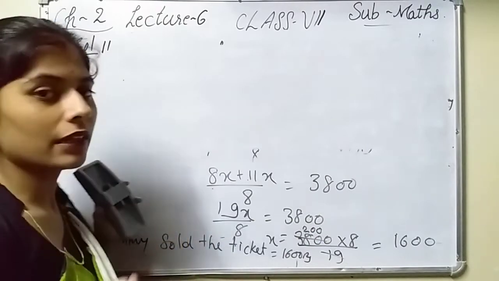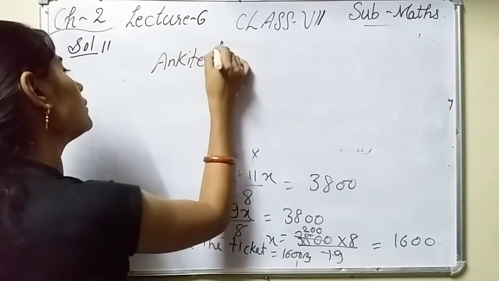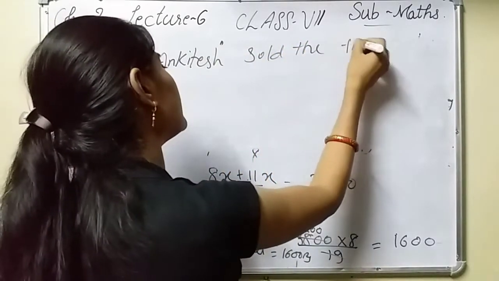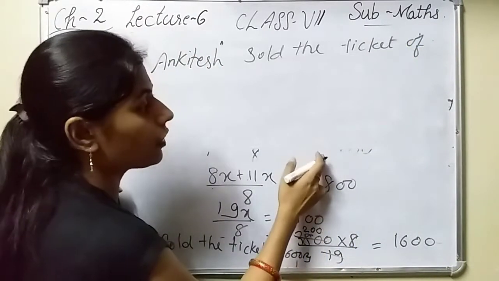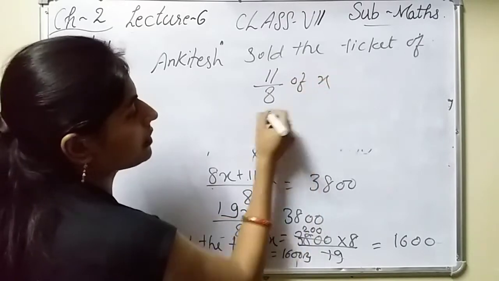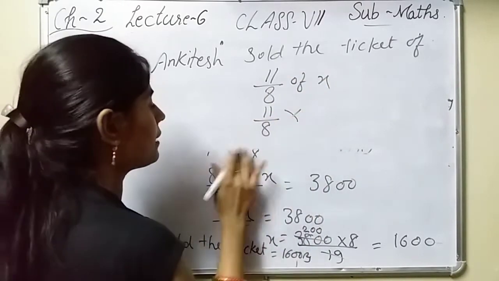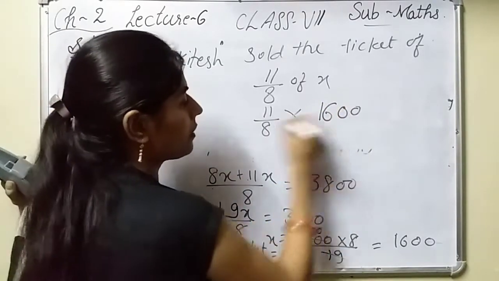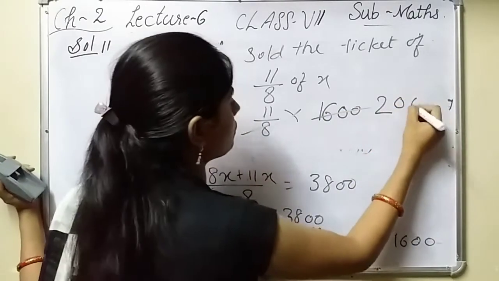Now for how many rupees has Ankitesh sold? Ankitesh sold the ticket for, we have written here 11 by 8 of x, means 11 by 8 as it is we have to write, of means multiply x, what is the value we got of x, 1600, divided by 8, 8 twos are 16, 0 0, that is 200.